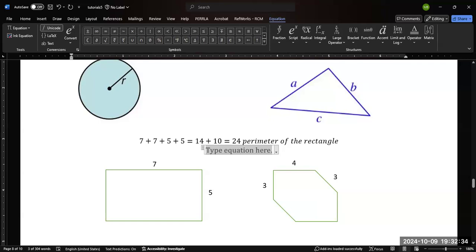So again, we can add up the sides that we have, and then also the assumptions that we are making about the other sides because of the symmetry of the shape. And if we add these up, we get 20, which is the perimeter of the irregular hexagon.